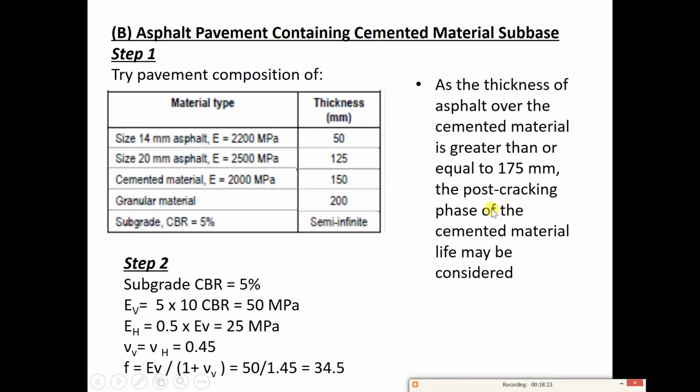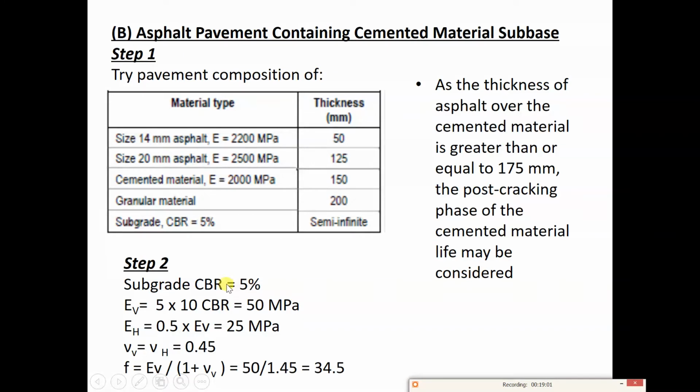Okay, so in this example we consider the pre-cracking of the cemented material, and also later on the post-cracking of the cemented material. It will give different values. We can consider the strength later on, and make sure that this satisfies the design traffic loading, which will not exceed the allowable standard axle repetitions.